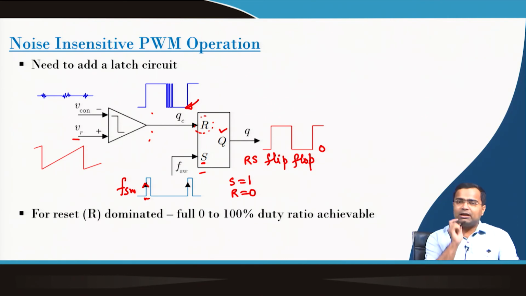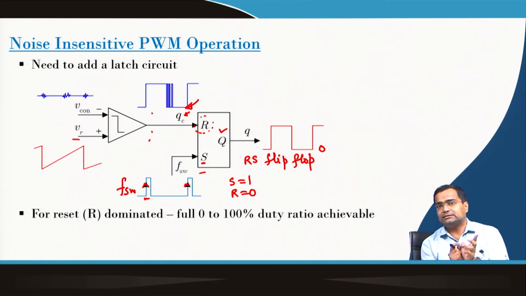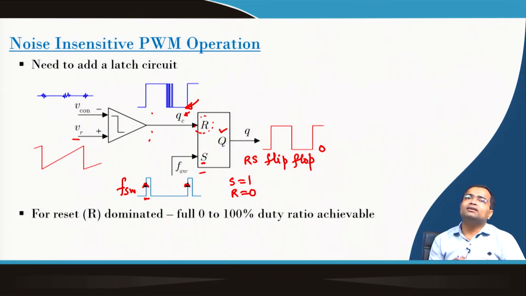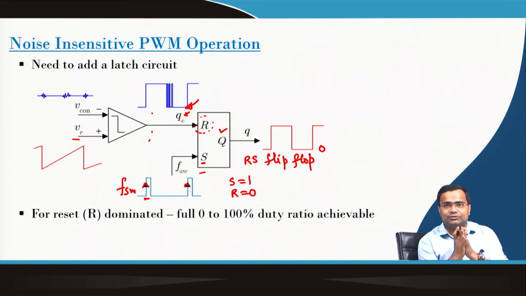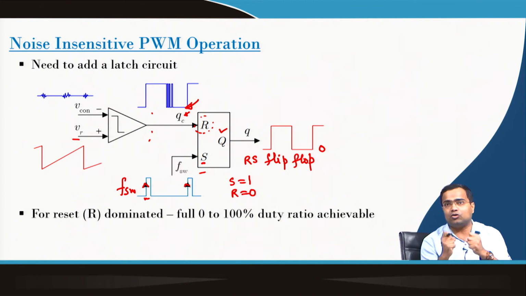But now, there might be a problem if a rising edge of the switching clock comes, and at the same time you get another rising edge of the QC, that means both R and S inputs see a rising edge. Then what to do? So, we need to avoid such a situation. So, we need to make one of them master dominant.